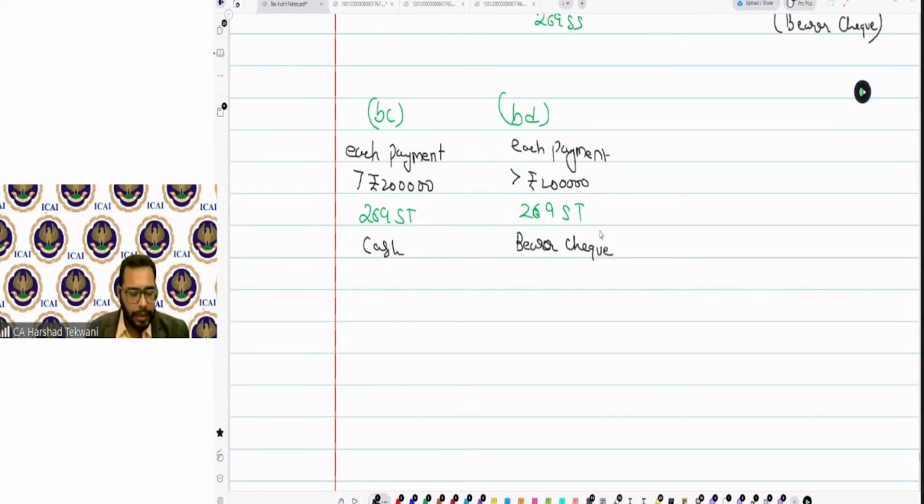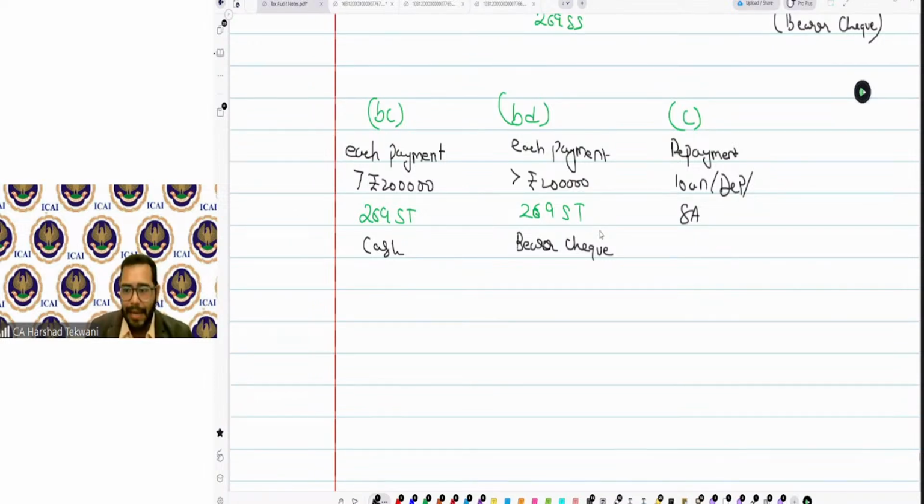Now it comes to the next clause, that is C, 31C. Here I'm talking about again repayment of loan or deposit or specified advance. Specified advance again with respect to transfer of immovable property.